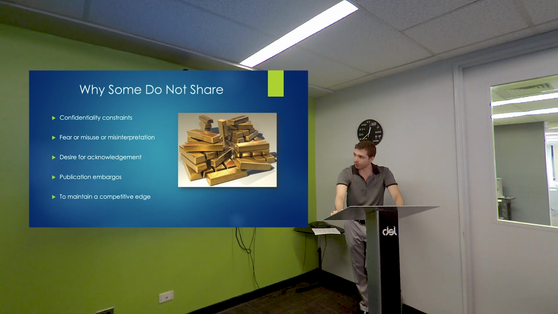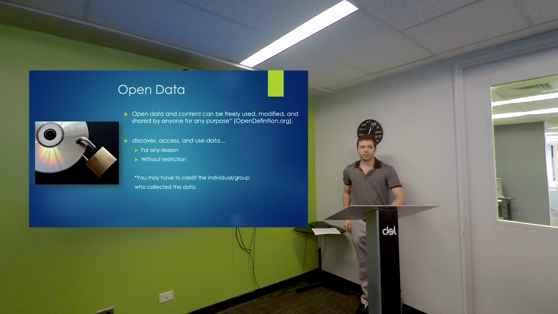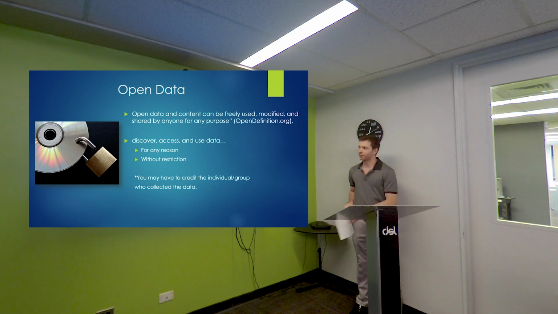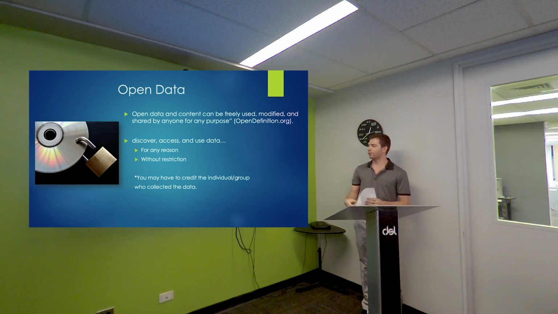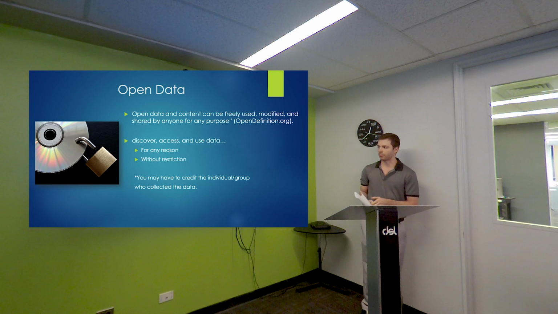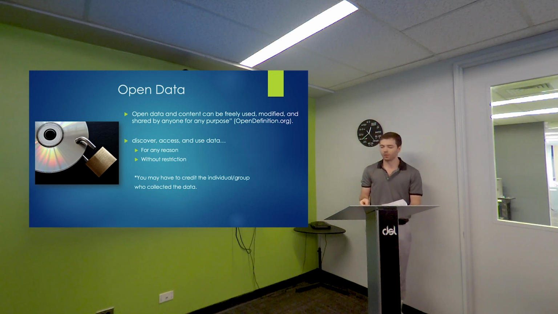And now we're going to move on to our actual subject, which is open data. And open data is a really simple concept when it comes down to it. You have the standard definition up there that it can be freely used, modified, and shared for any purpose, but all you really need to know is that open data can be accessed and used by anyone without restriction.